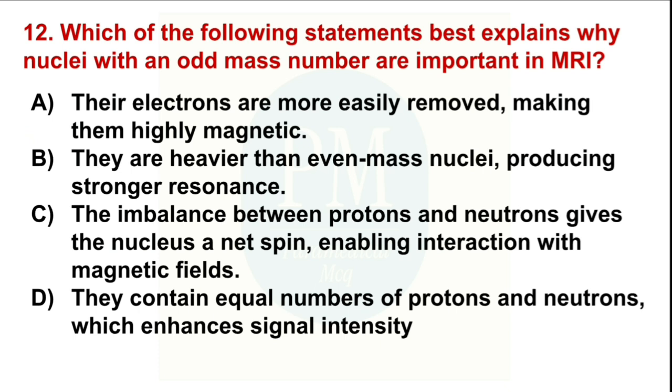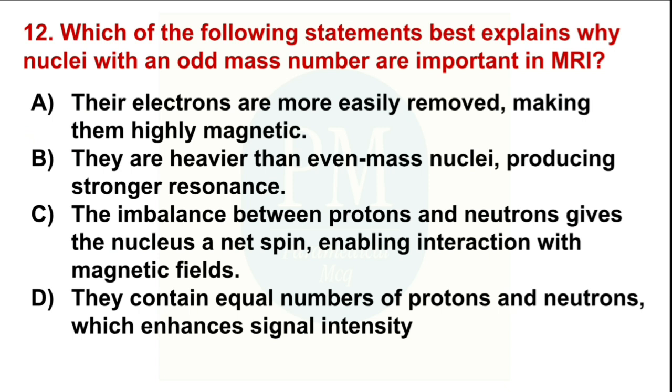Which of the following statements best explains why nuclei with an odd mass number are important in MRI? Option A. Their electrons are more easily removed, making them highly magnetic. Option B. They are heavier than even mass nuclei, producing stronger resonance.